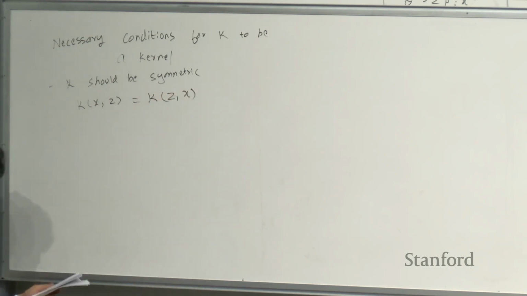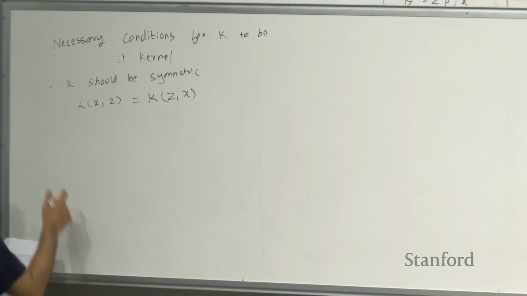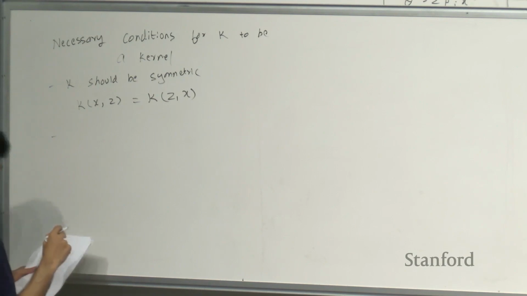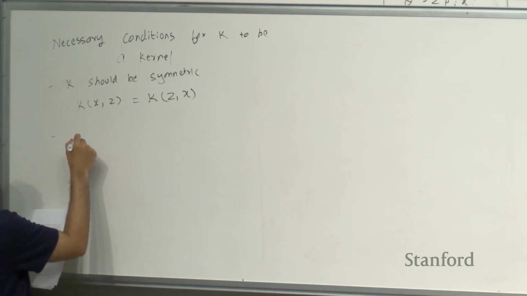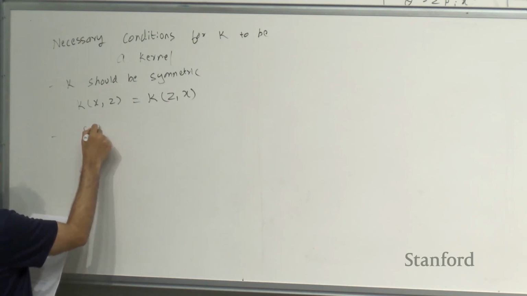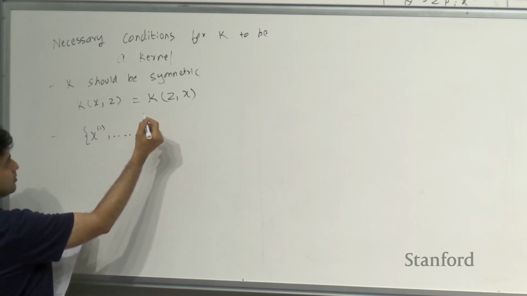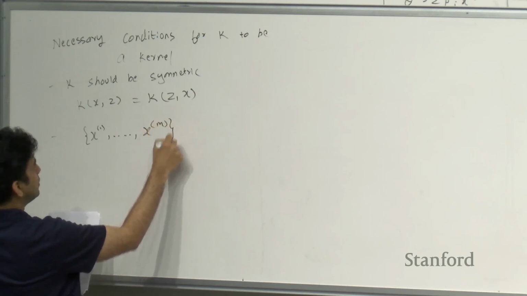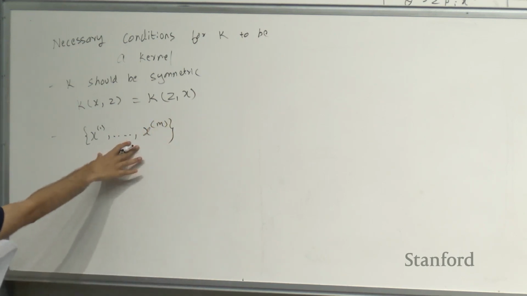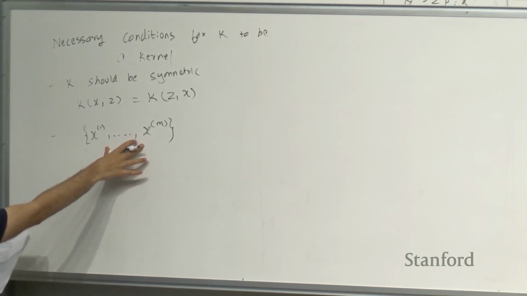Right? And then for a given collection of examples, say x1 through xM, now some collection of examples. This need not be your training set, it could be any collection of M examples.